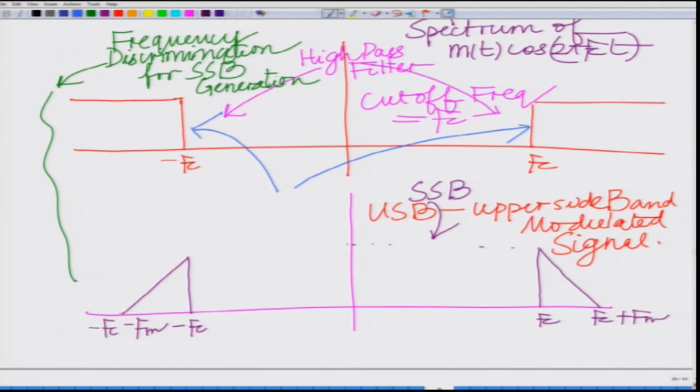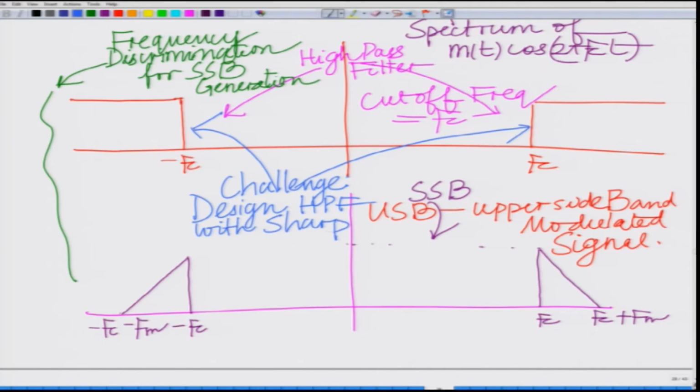The challenge is to design a high pass filter with such a sharp cutoff frequency, which is practically very challenging, if not impossible, because no matter how well your filter is designed, it always has a small transition band.